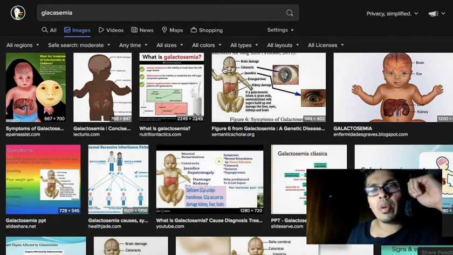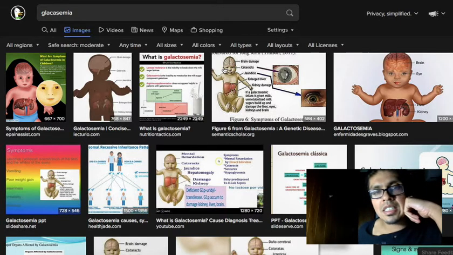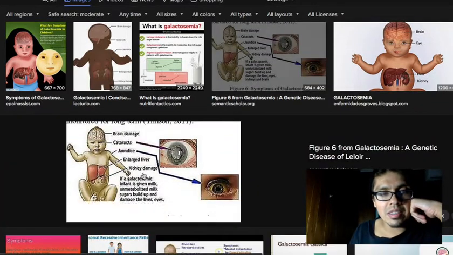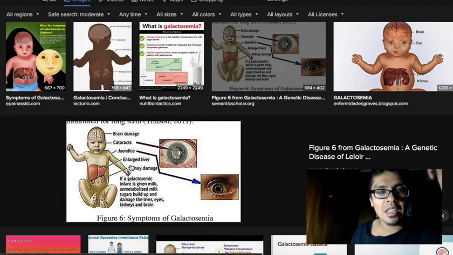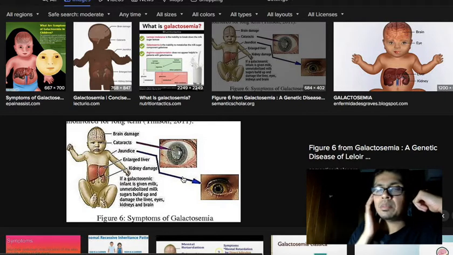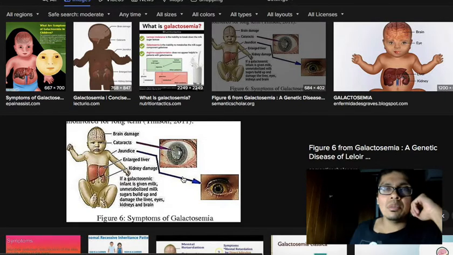First, let's talk about what its symptoms are: brain damage, cataracts, jaundice, enlarged liver, kidney damage. Basically, if a galactosemic infant is given unmetabolized milk, sugars build up and damage the liver, eyes, kidney, and brain. So why is that the case?